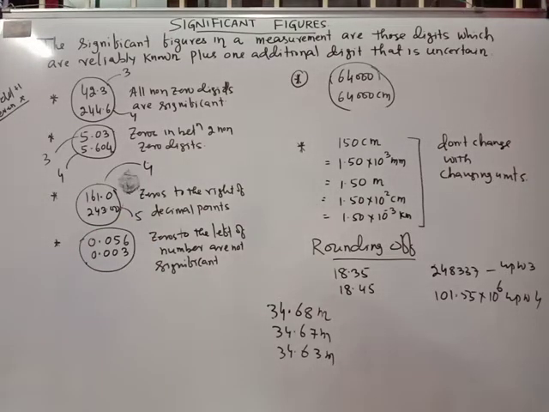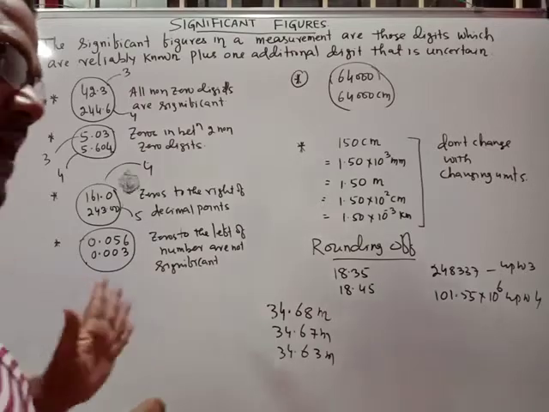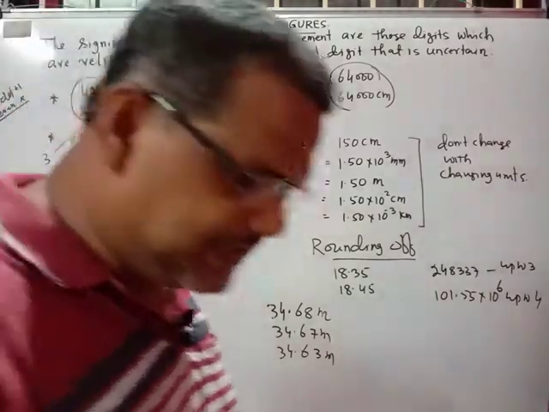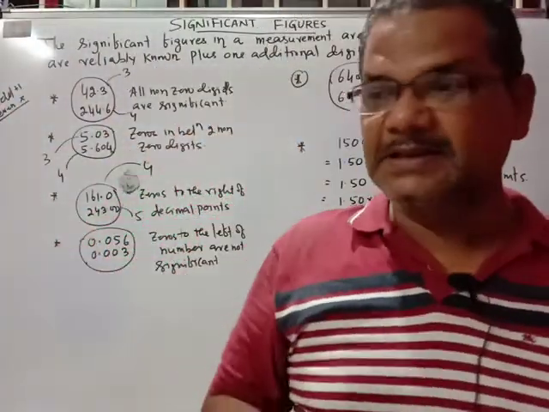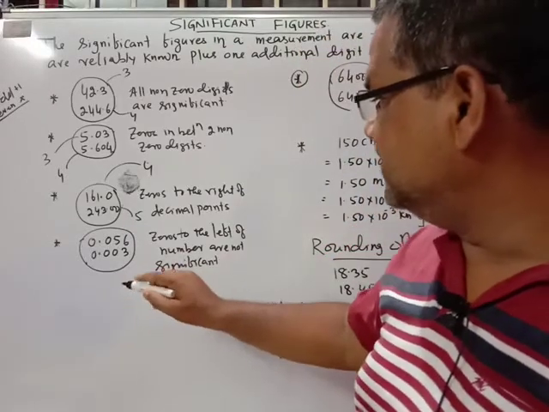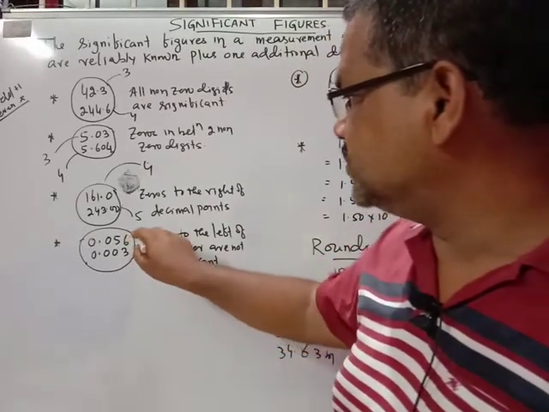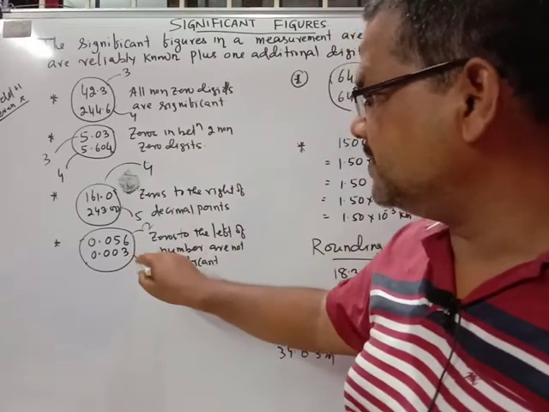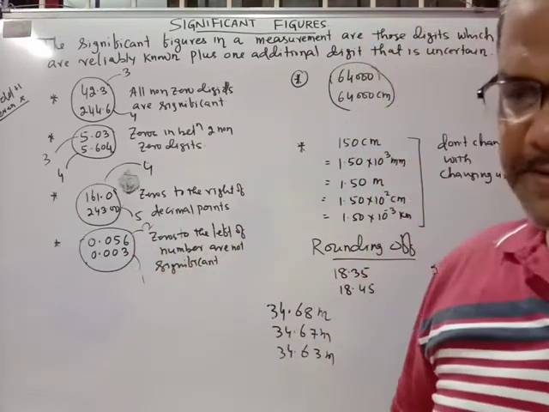Another case: if zeros come to the left of the number, left of the non-zero digits, these zeros are not significant. So here the number of significant figures is 2, and here it is 1.